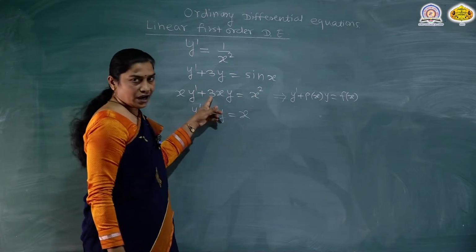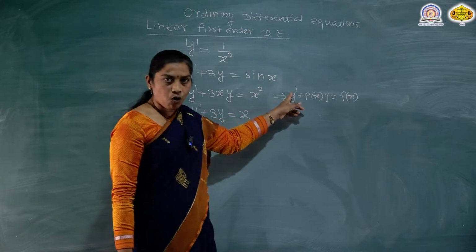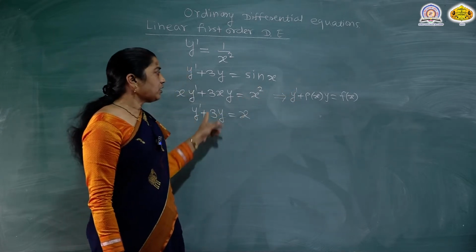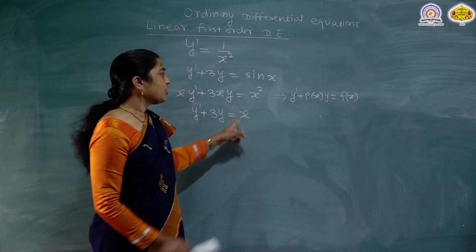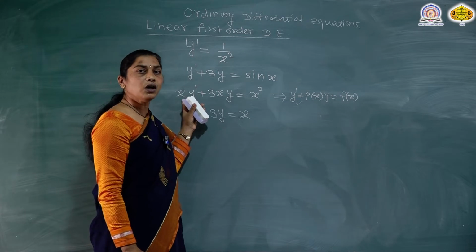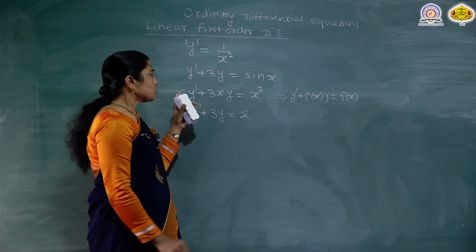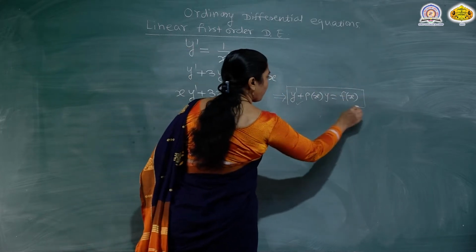Though this equation originally is not in this form, it can be rewritten as y dash plus 3y is equal to x, which is in this form. So this equation is also a linear equation. A linear equation is always of this form.